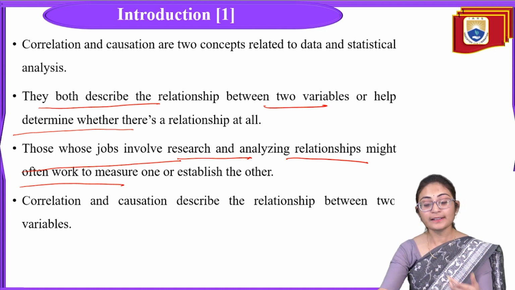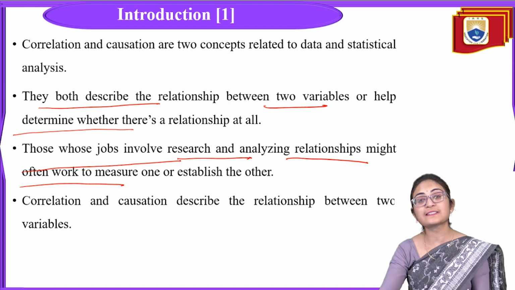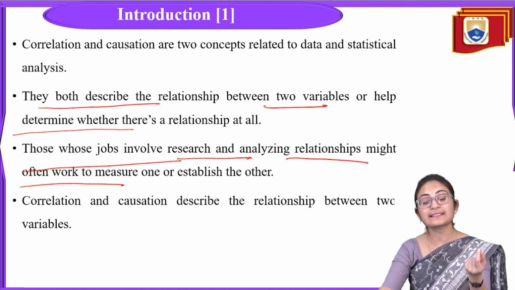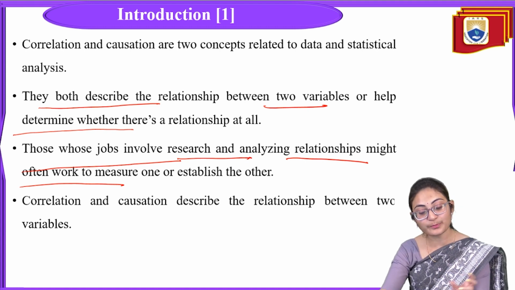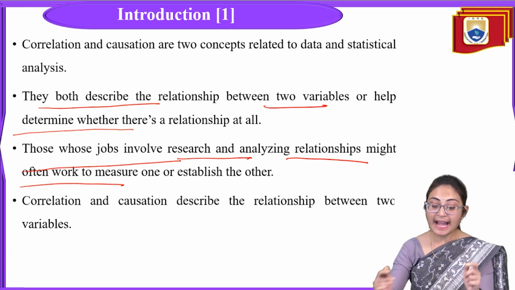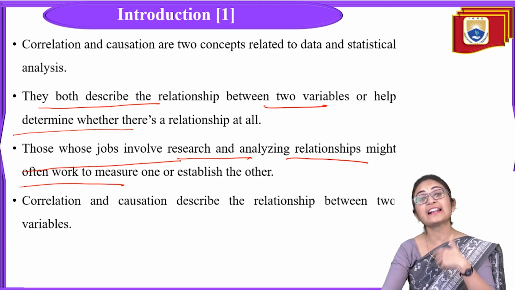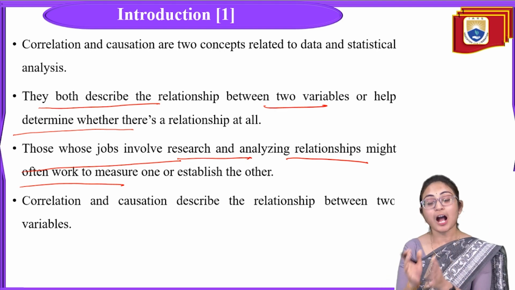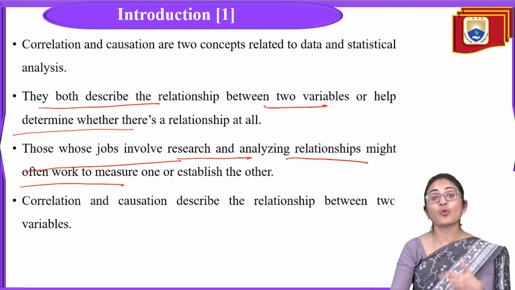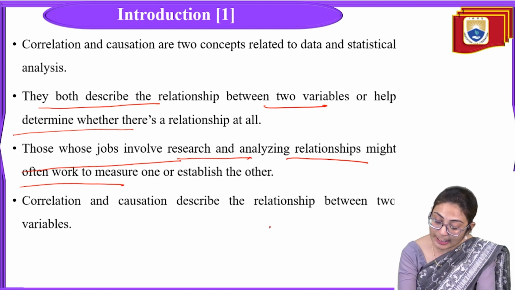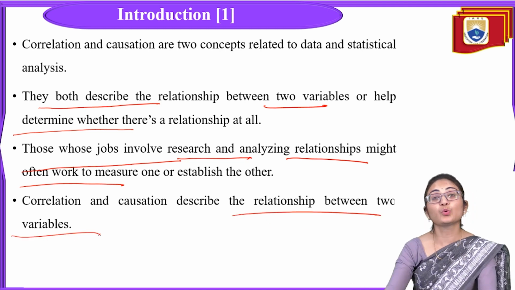So correlation and causation both are involved in research jobs. We can analyze the relationship between the variables, and we can measure and establish some output. Correlation and causation generally describe the relationship between two variables.